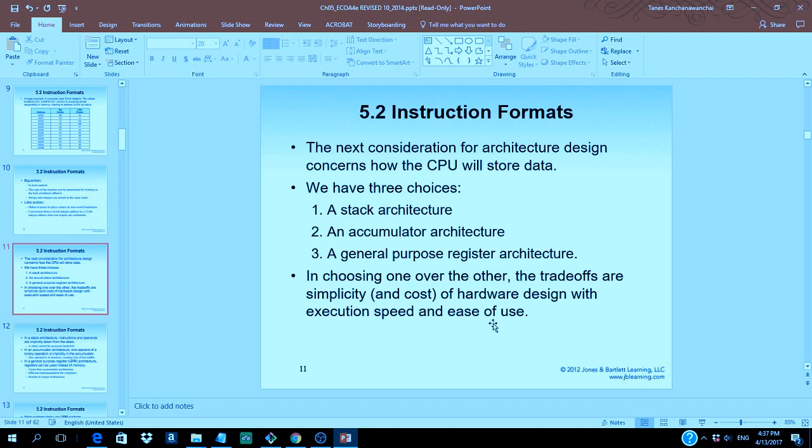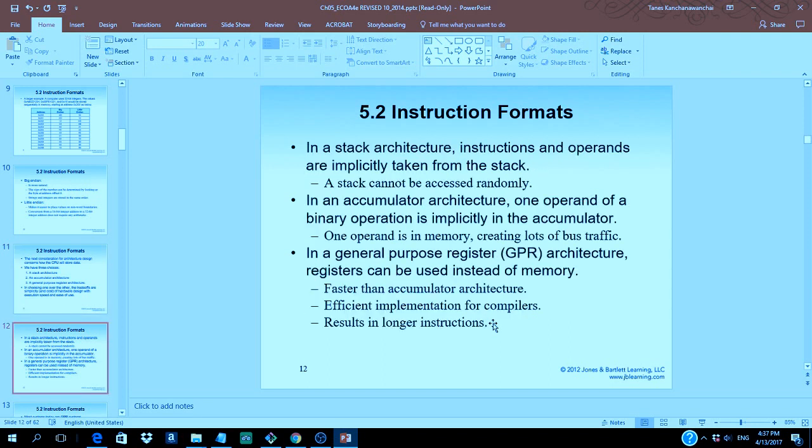If you are taking an assembly class, you already know that. In choosing one, all of them give you the same thing, but it depends on the architecture. In choosing one over the other, there's a trade-off between simplicity and the cost of the hardware, and also the speed and ease of use. So in stack architecture, instructions and operands are implicitly taken from the stack.